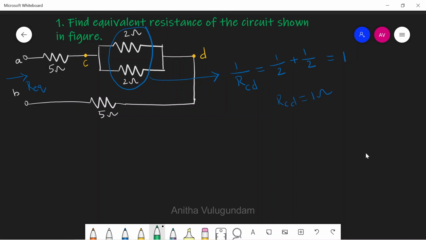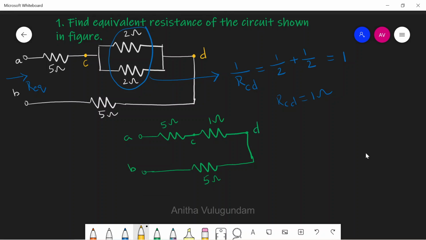I can redraw the above figure like A, B, and this is 5 ohms and this is 5 ohms and this is nothing but 1 ohm. This point is C and this point is D.